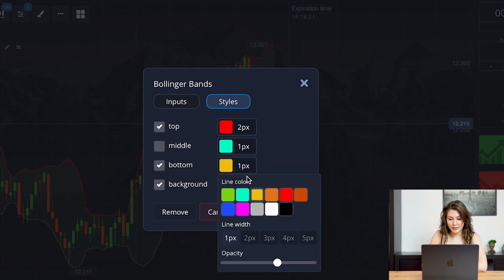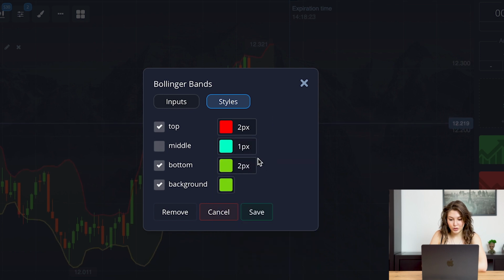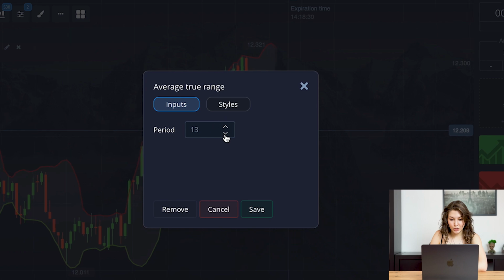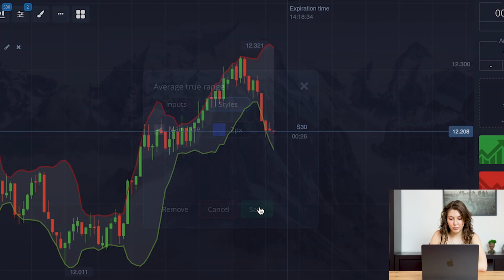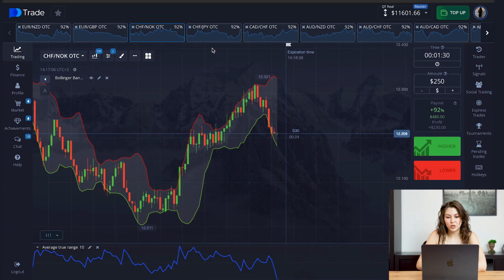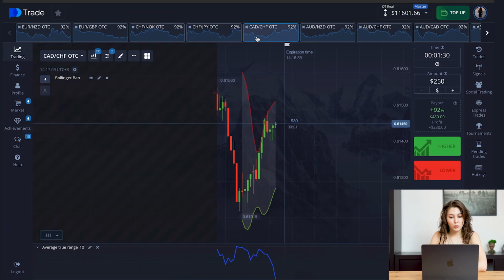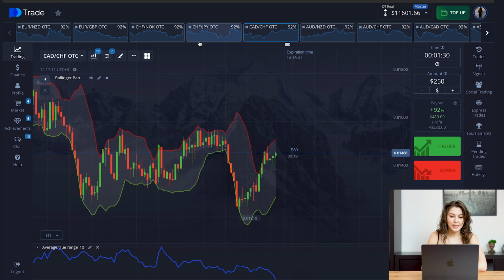We're going to cancel this line, put it for the yellow line, and the background is going to be white. So save it, and here we're changing the main period to 10, change it a little bit too, and we're ready to trade.